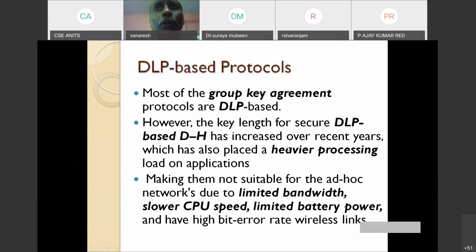In a multiplicative group, if A and B are two elements, the operation between A and B is A into B. But if it is an additive group, it is A plus B. You all know that the computational complexity of multiplication is higher than addition.